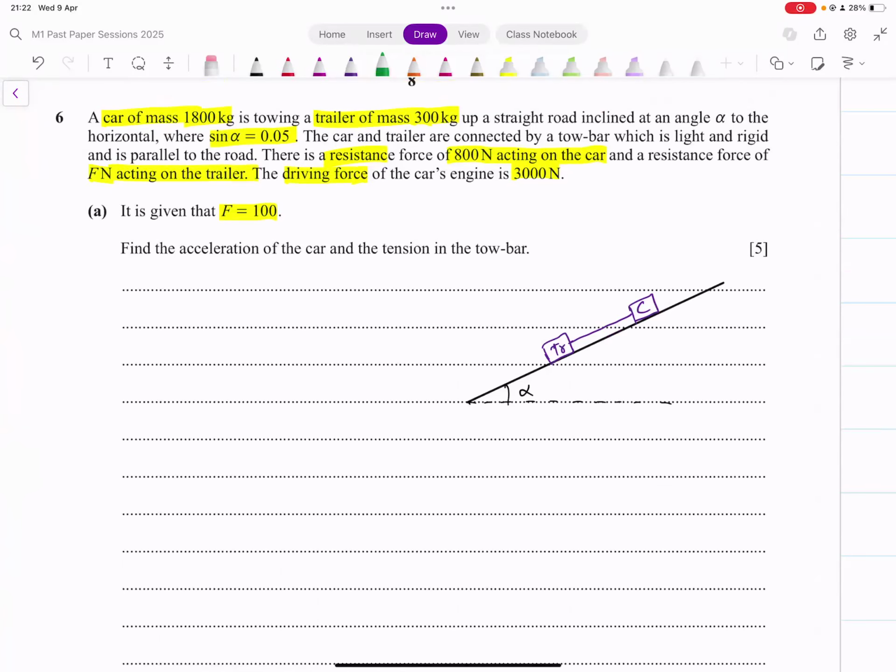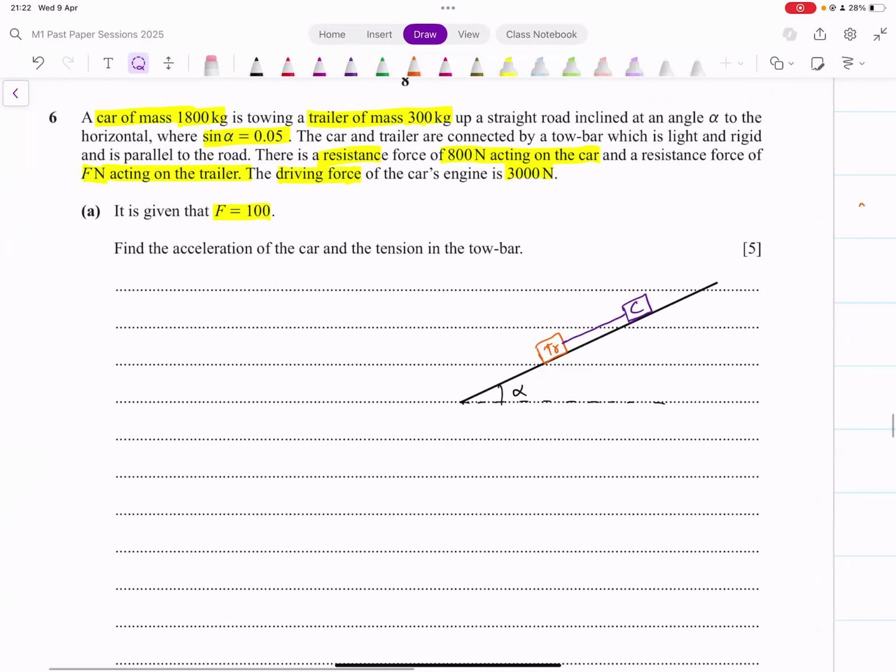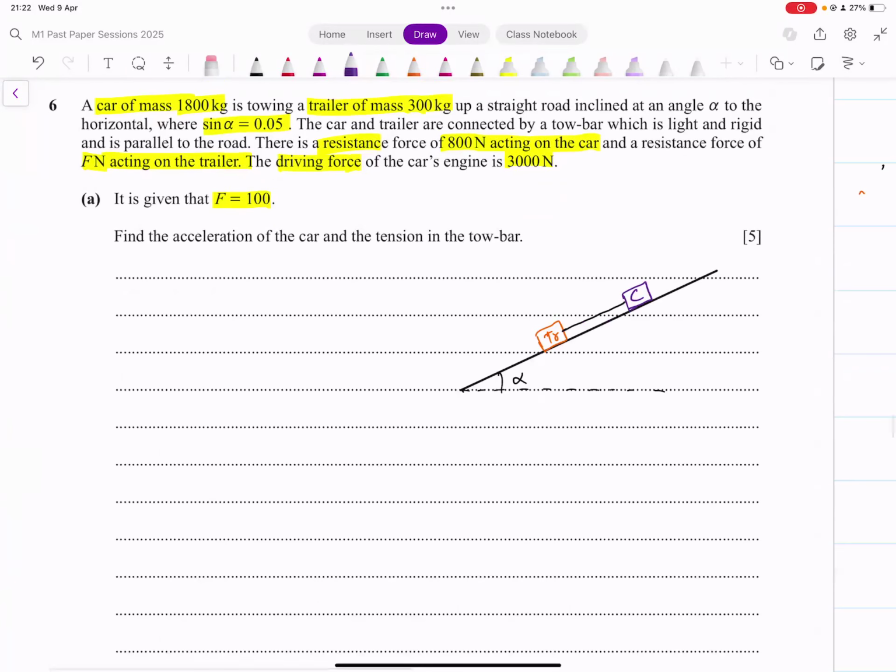Let's represent all the forces first, and then we'll have a look at that. What are the forces acting on the car? We've got weight of the car that acts vertically downwards. I'll represent them with different colors so they don't mix up. This is the trailer. Weight of car, that is 18,000 Newton.